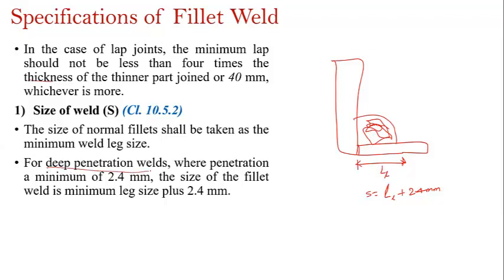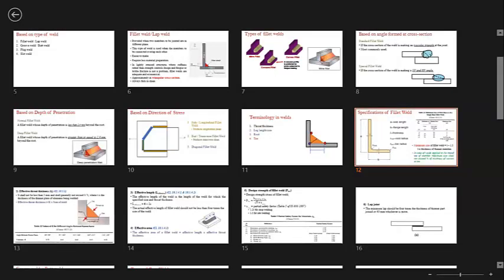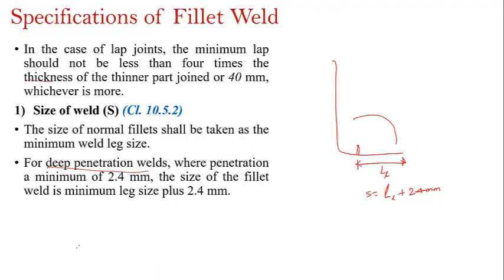So this is the condition here. So for deep penetration, the size of the fillet weld is taken as leg length plus 2.4 mm. So that is the second specification in the specifications of the fillet welds. Just hold on a minute.